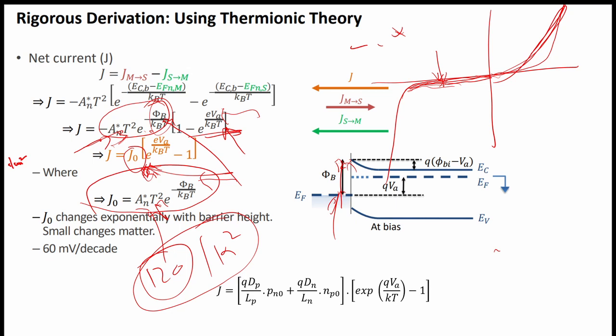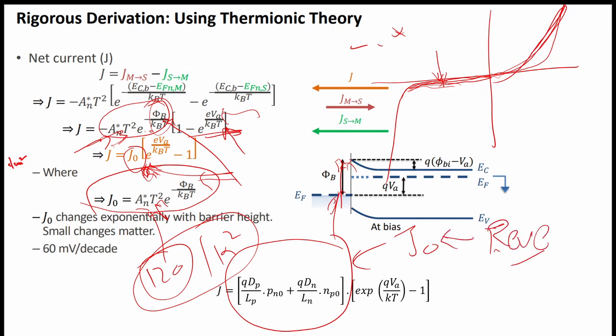So in the PN junction, this is the leakage current, this is the J naught, the reverse bias current. It depends on the doping concentration of the p-type and the n-type, and it also depends on the band gap, as we have already seen.